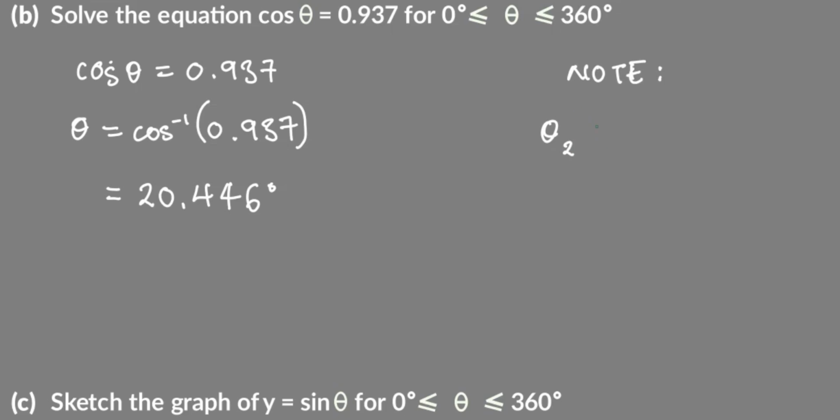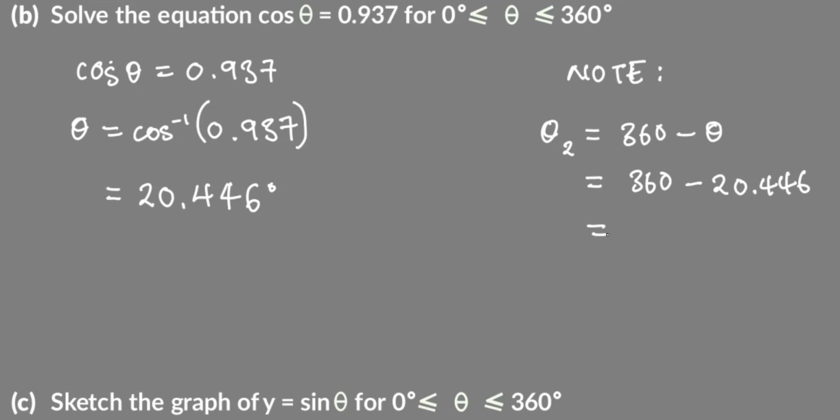That theta is going to be in the fourth quadrant, where we can use this simple expression, 360 minus theta, to get the value of theta that can give us 0.937 also. Our value of theta that we earlier found in the first quadrant is 20.446.